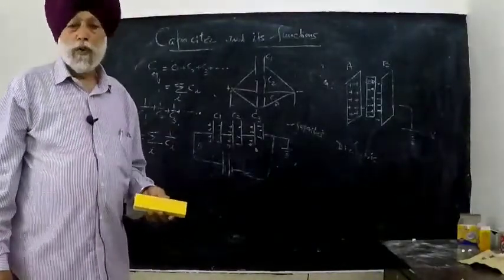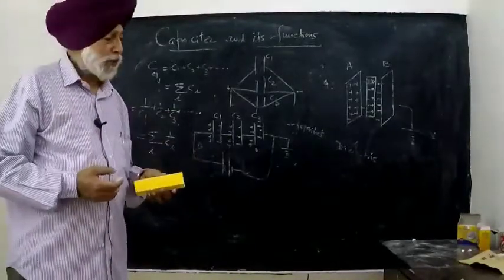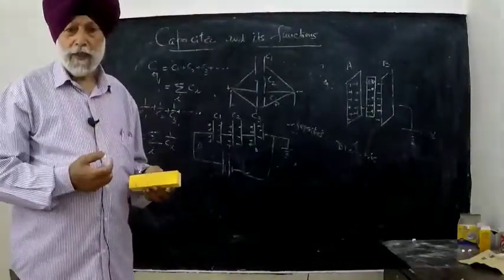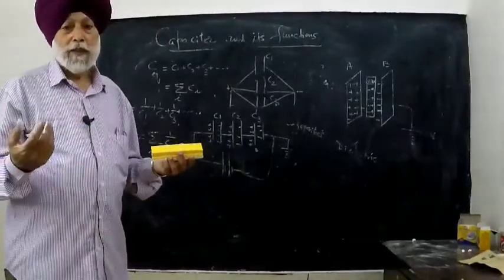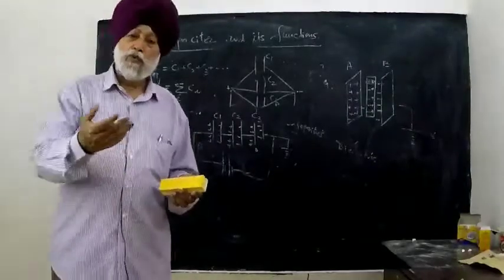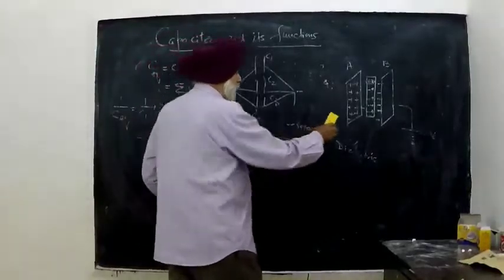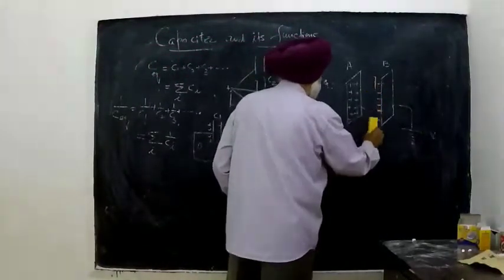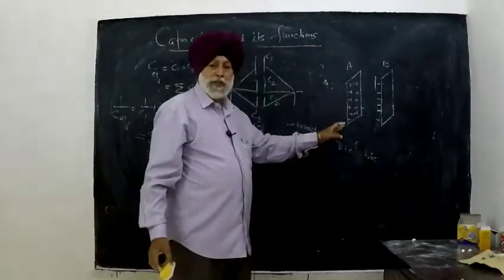Now how does the capacitor work, for example in computers? In computers, when there is a power failure, even then the computer goes on working for some time. Why? When we have disconnected it from the battery, electric charge is stored in it.